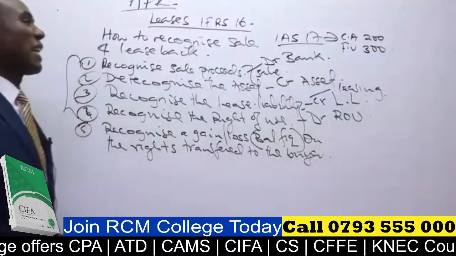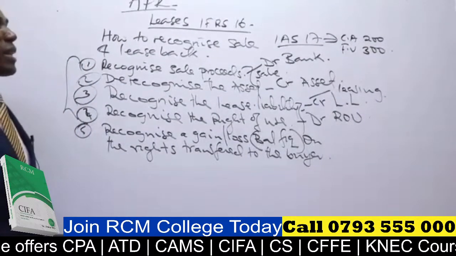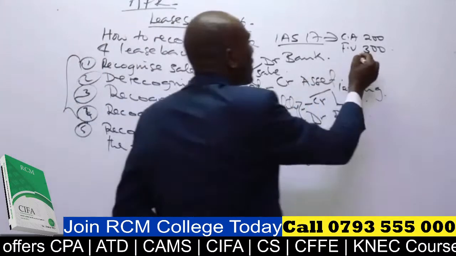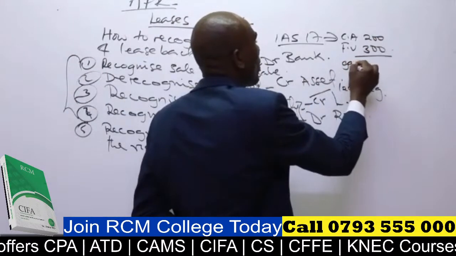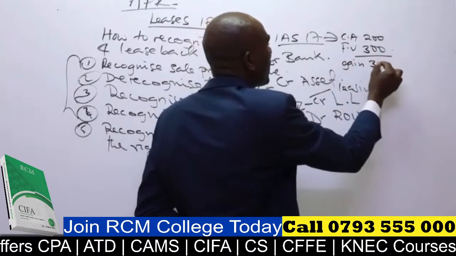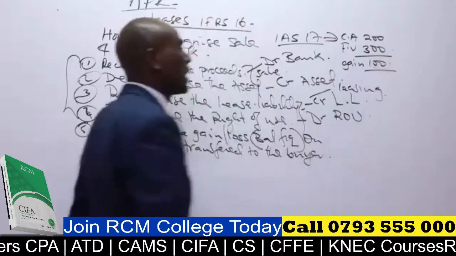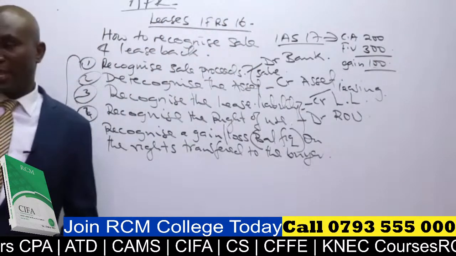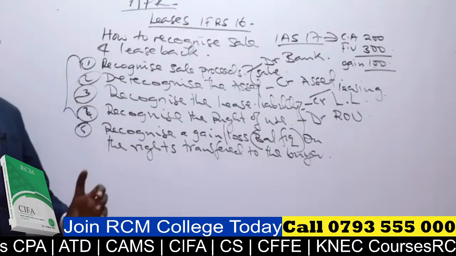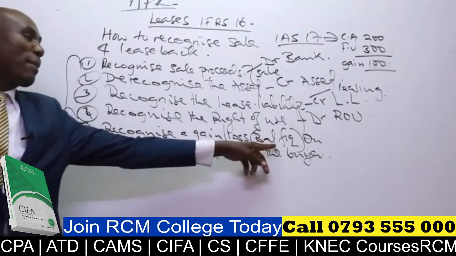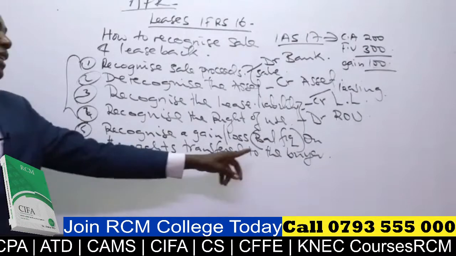The asset carrying amount, book value, is 200. You sell it at fair value 300. Then you are reporting that you have a gain of 100. I'm explaining why I'm saying here, recognize a gain or a loss, a balancing figure on the rights transferred to the buyer.